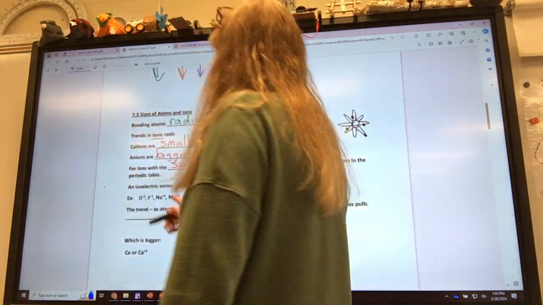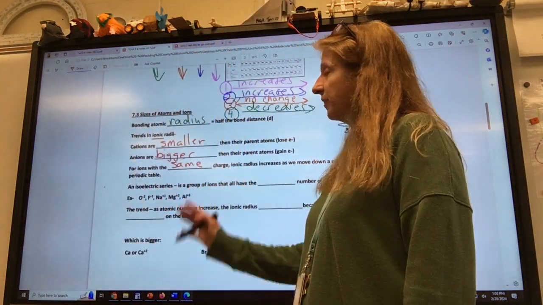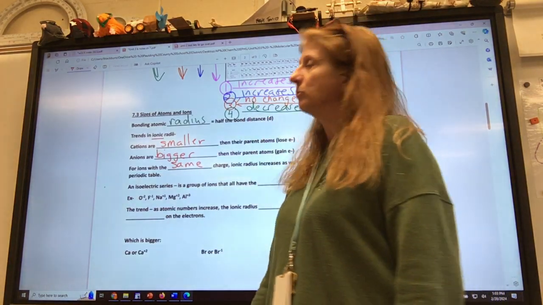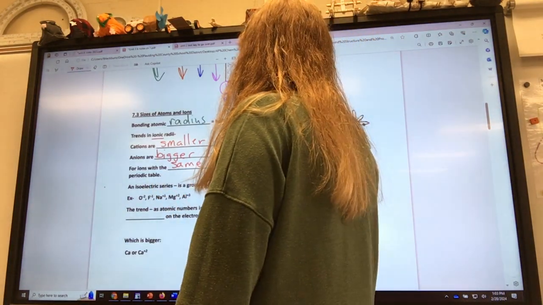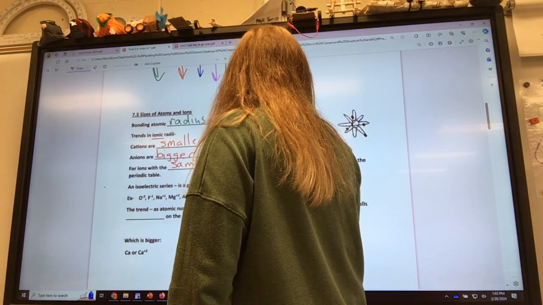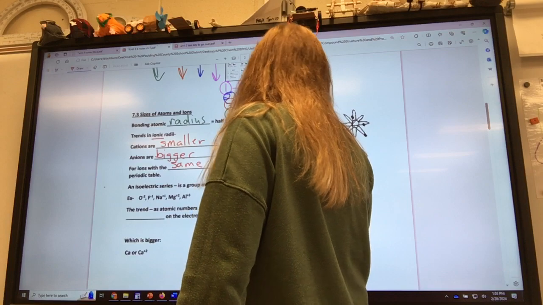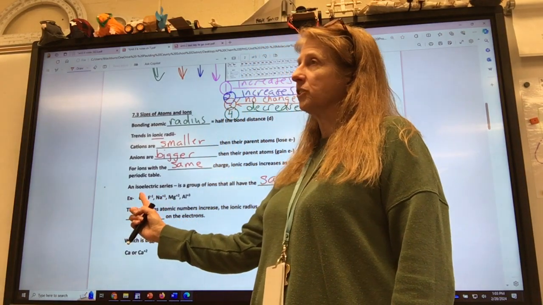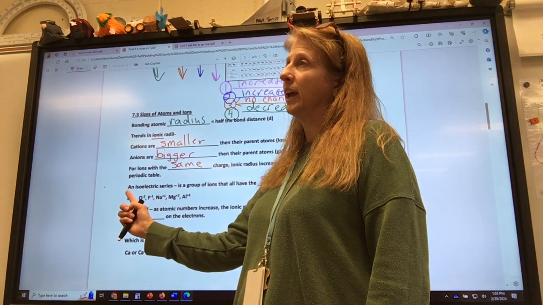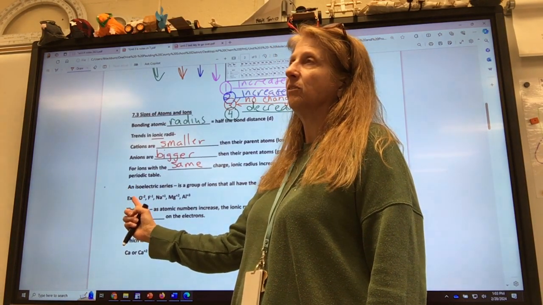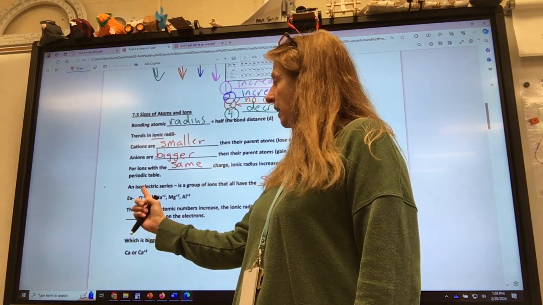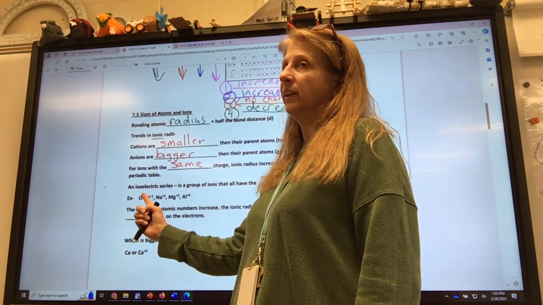So there's another thing, though, called isoelectronic series. And this is fun because this is new and this is AP level. If you think about it, this group all have the same number of electrons. How can that be? Well, look at oxygen. If it becomes an ion, it's going to get 2 electrons and have 10. Fluorine, if it becomes an ion, is going to get 1 electron and be 10.